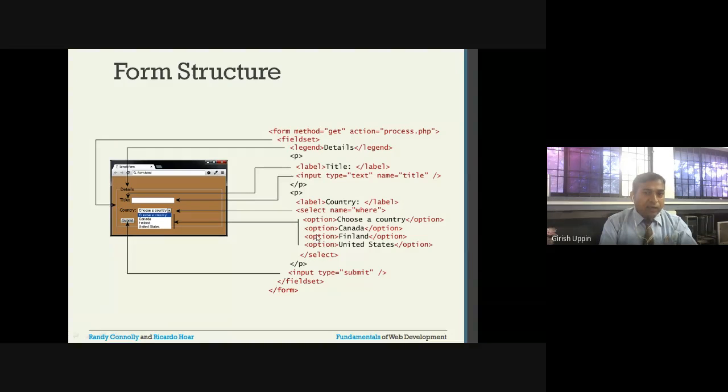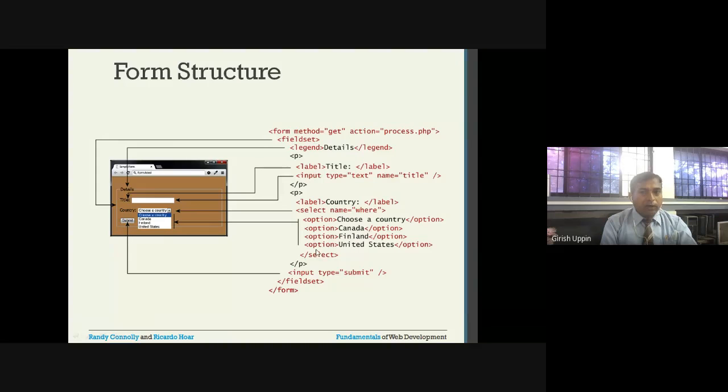Inside the select tags, what we have is the different options. This option tag is used to provide the list of entries which you want to display in the list. So this is the option open tag, option closing tag. In between, I have a text entry. The first option is choose a country. Option two, Canada.